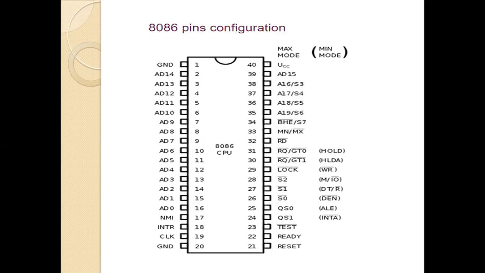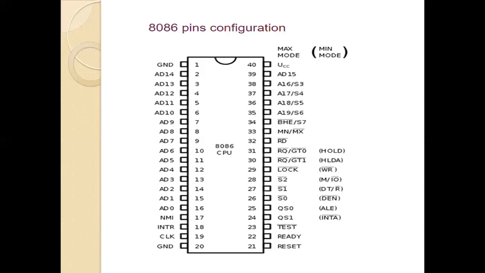AD0 to AD7 is the lower order data byte, and AD8 to AD15 carries the higher order data byte. During the first clock cycle, it carries the 16-bit address, and after that it carries the 16-bit data.